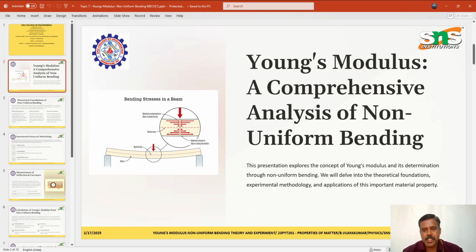So this presentation explores the concept of Young's modulus and its determination through non-uniform bending. We will delve into the theoretical foundation, experimental methodology, and application of these important material properties.